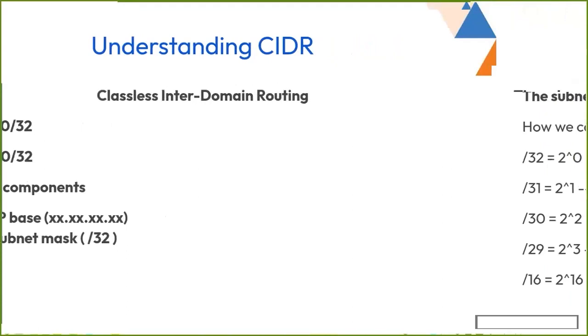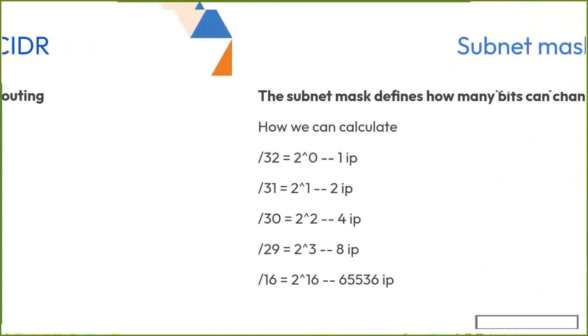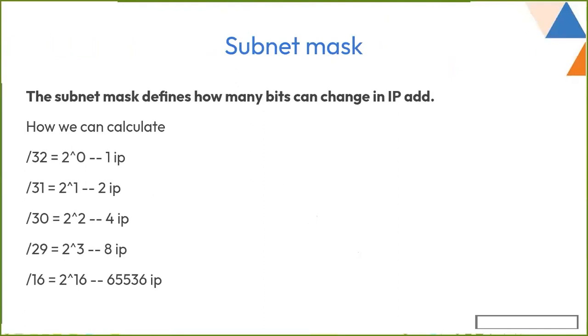Okay. So let's see how we calculate this. This is the formula to calculate the CIDR subnets. If we use 2 raised to 0, then we'll have 1 IP address. If we use 2 raised to 16, then we'll have 65,000 IP addresses.